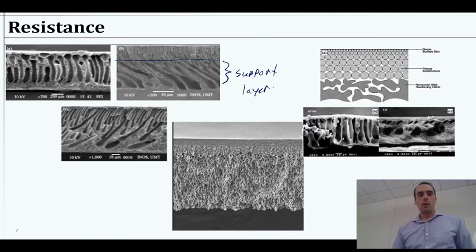Then up here above, you see these very much smaller pores. The entire material gets really compact and dense. There are pores there, but as we see using the scale bar, they're as small as a micrometer, maybe a couple micrometers, but very small, and that's going to be our separation layer that's providing most of the resistance for flow through this membrane.